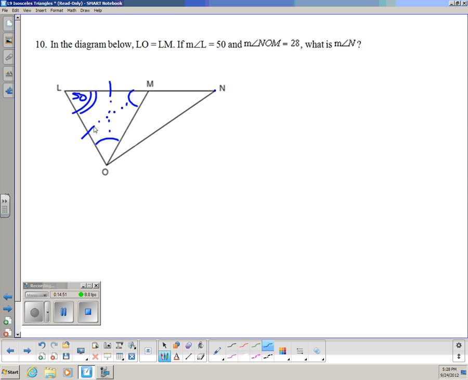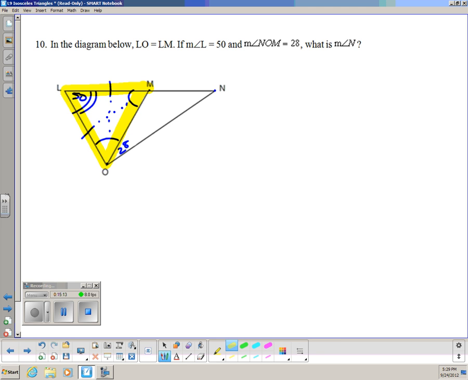Angle NOM goes in the mouth right here, little guy 28. And they want us to find the measure of angle N. So obviously we have some work to do. But if I take a look at the isosceles triangle, which is right here, I can get the base angles.